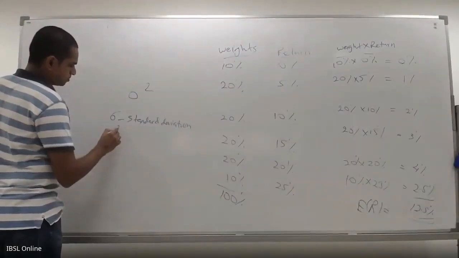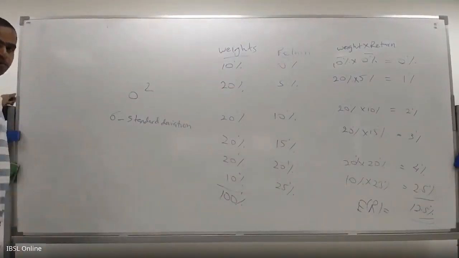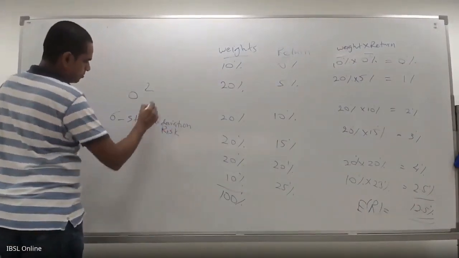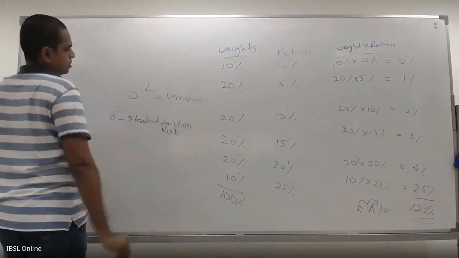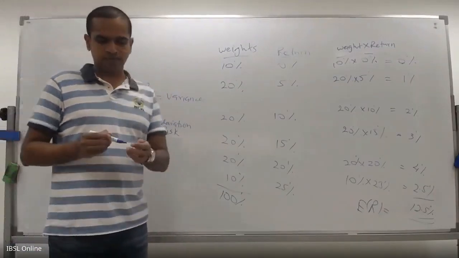What does standard deviation measure? If you have to remember, it measures risk. Sigma squared is variance. So, in other words, variance is also a measure of risk.